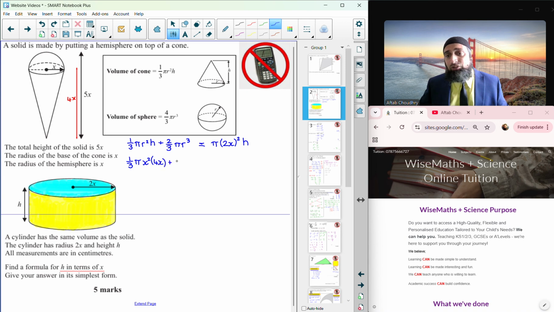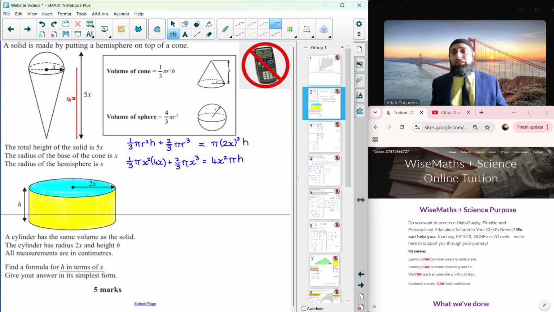Then we add it on to 2/3 of pi, and once again the radius is going to be x, so that's going to give us x cubed. This is equal to 2x times 2x, which gives us 4x squared, so you're going to get 4x squared pi multiplied by h.